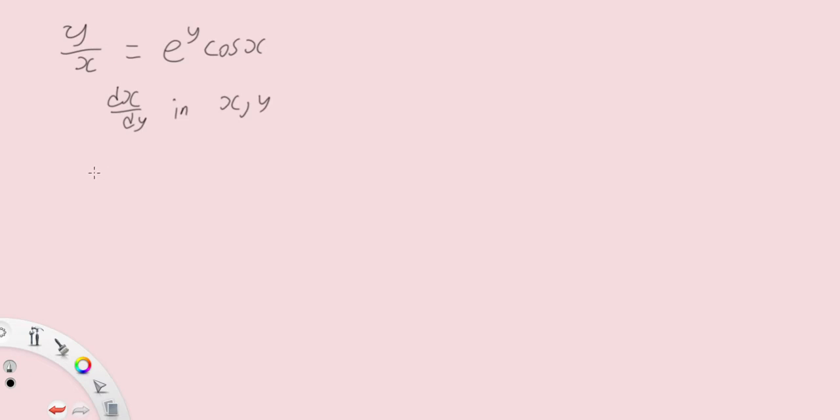Quotient rule, same thing. You differentiate with respect to y, so differentiating y with respect to y, you get back 1 times x. Quotient rule, so minus sign. Now you differentiate x with respect to y, so you get back dx/dy. Then denominator squared. Simple.